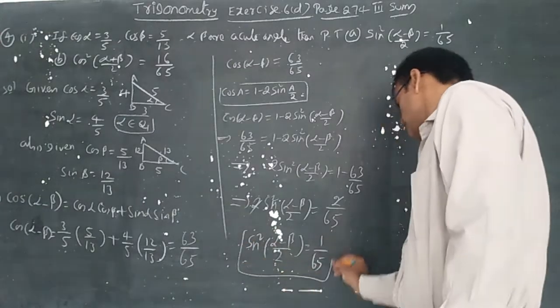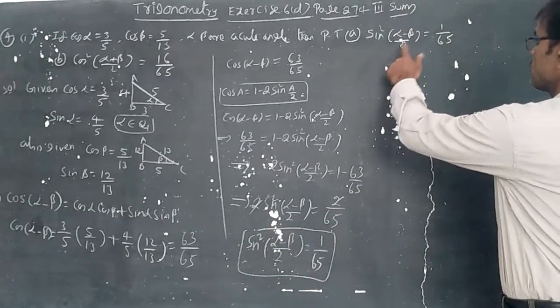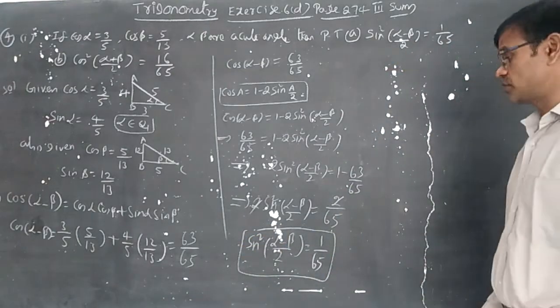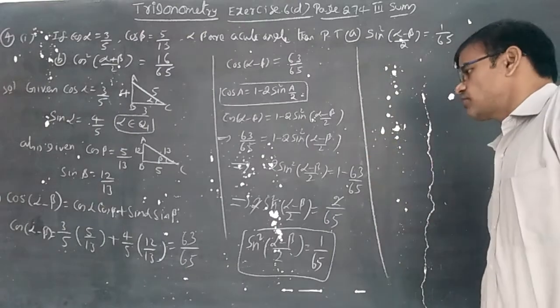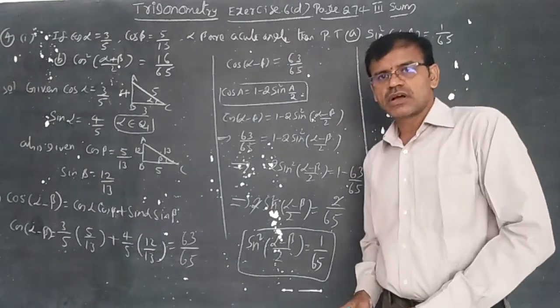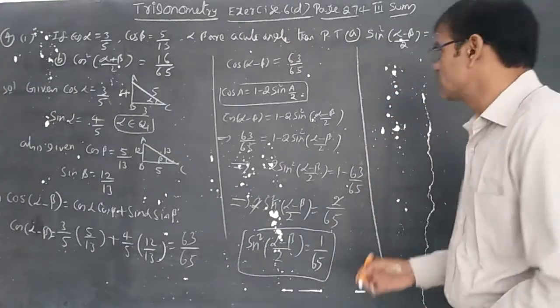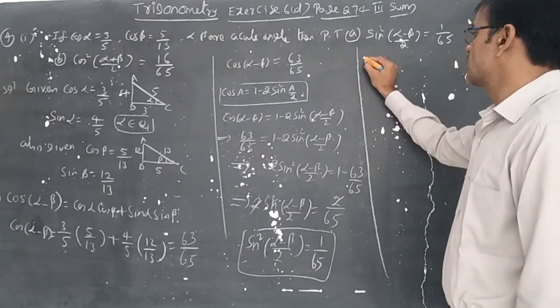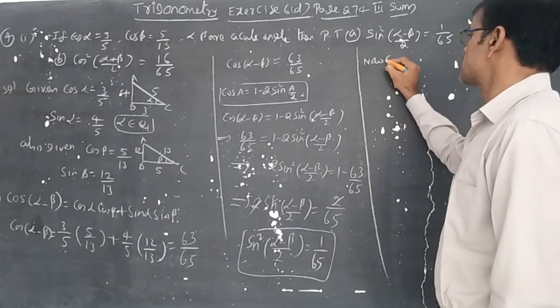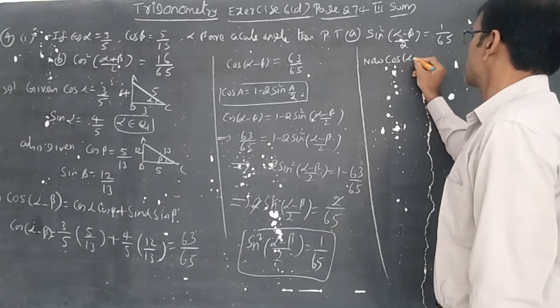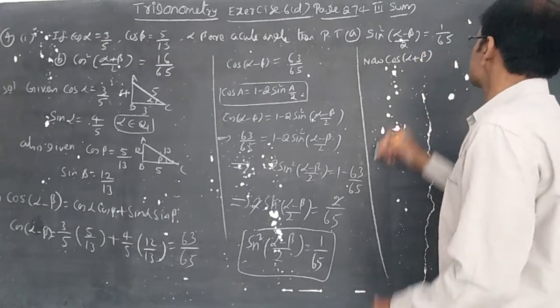This is the first part of the given question. We got the value of sin square of (alpha minus beta) by 2 as 1 by 65 using cos of (alpha minus beta). Now you should consider cos of (alpha plus beta). Now write the value of cos of (alpha plus beta).